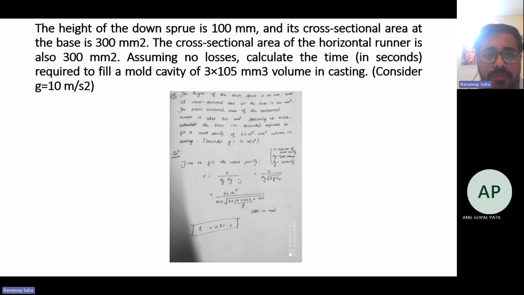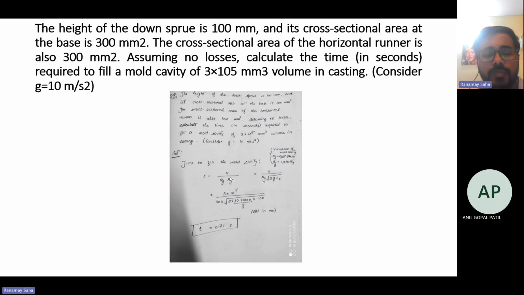It's a very simple question. This equation comes straightforward from the continuity equation. Here the time is equal to the volume of the casting cavity divided by the choke area times the velocity. Now A_g is called the choke area, right? The choke area happens to be the minimum area that the flowing molten metal encounters during its path.